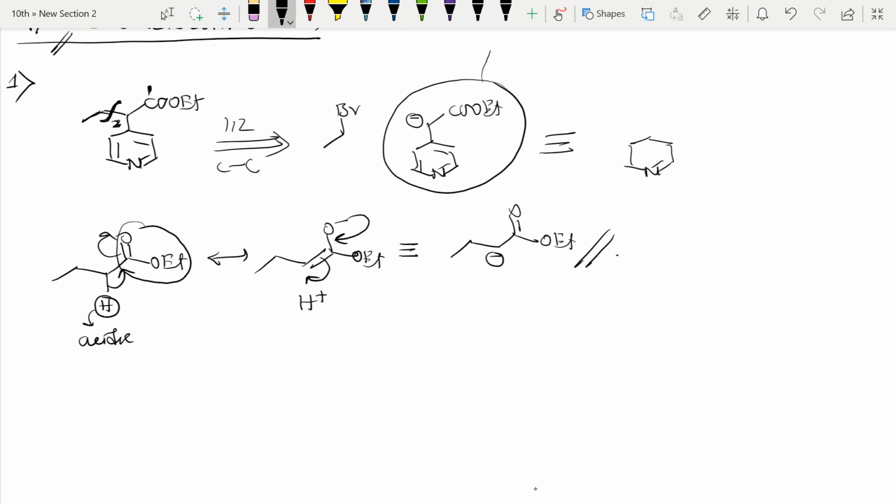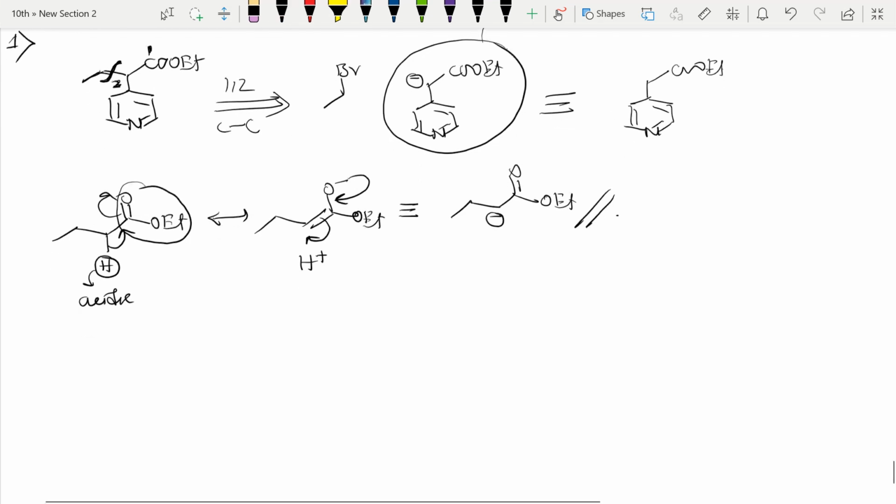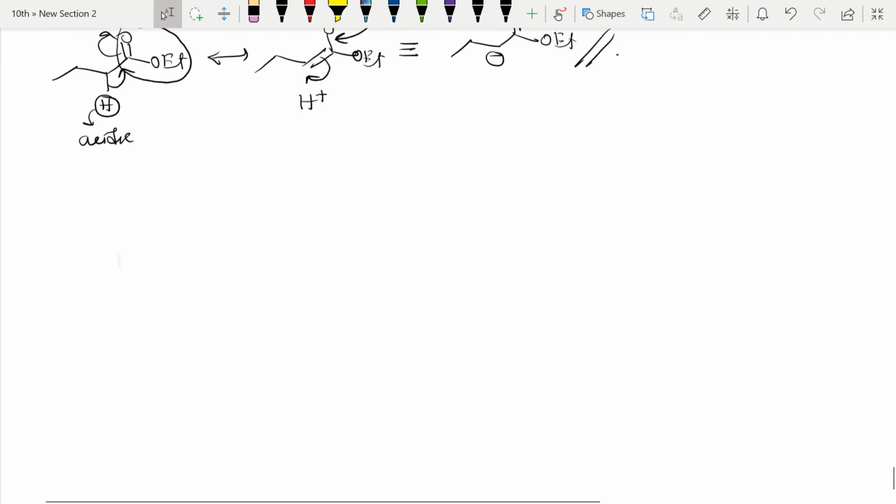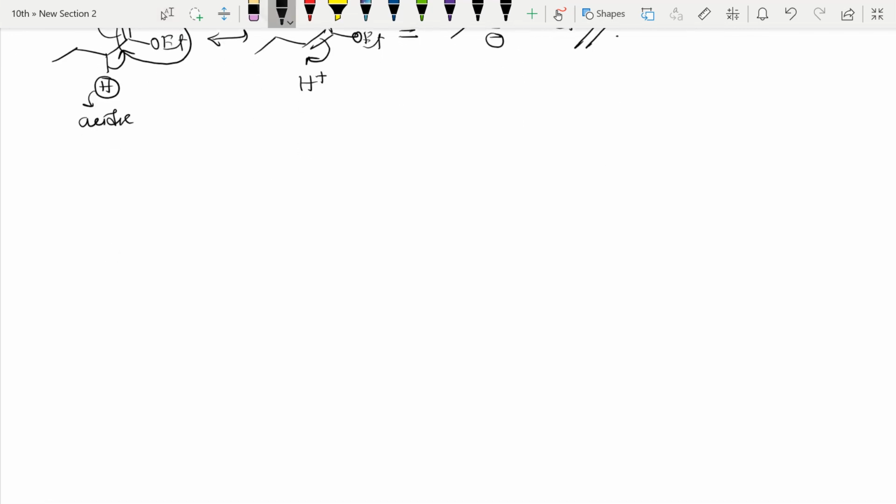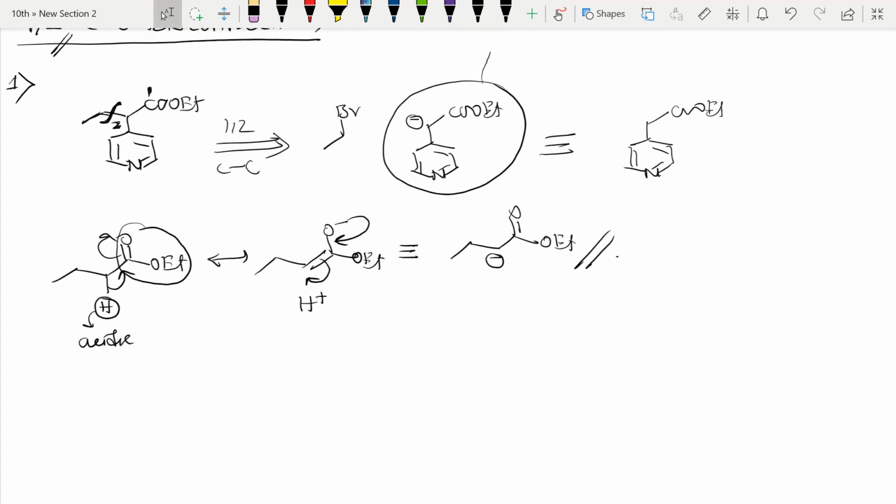Same thing, other we need to write same, and here COOEt, here hydrogen will be placed, right? We can show that hydrogen, but if we don't show it also, it is understood in chemistry, because I have told it many times, right? So this is the reaction, right? I hope you got it, right? Till now you got it, right?